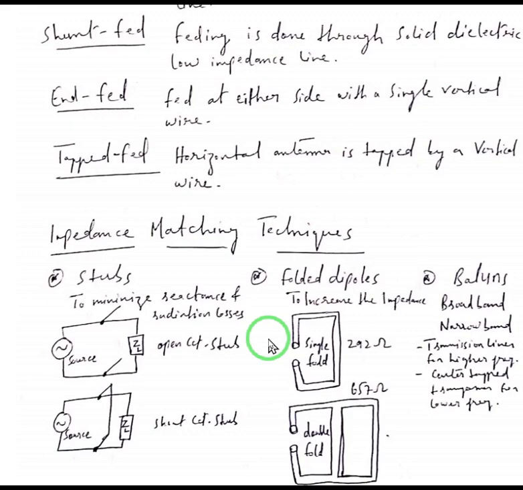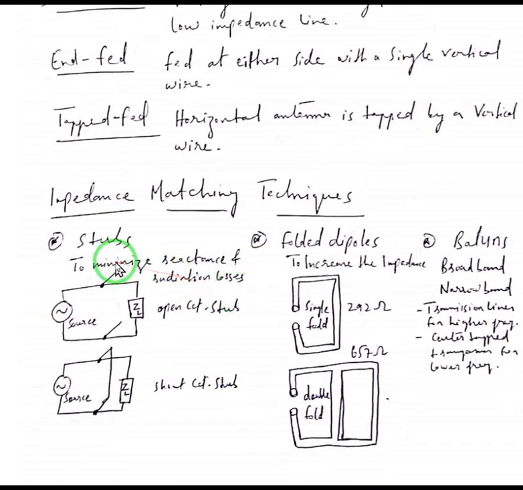So for this purpose, we have to match the impedance of the antenna with the source, using different methods. We use three methods: one is called stubs, number two is folded dipole, and the third is balanced unbalanced.